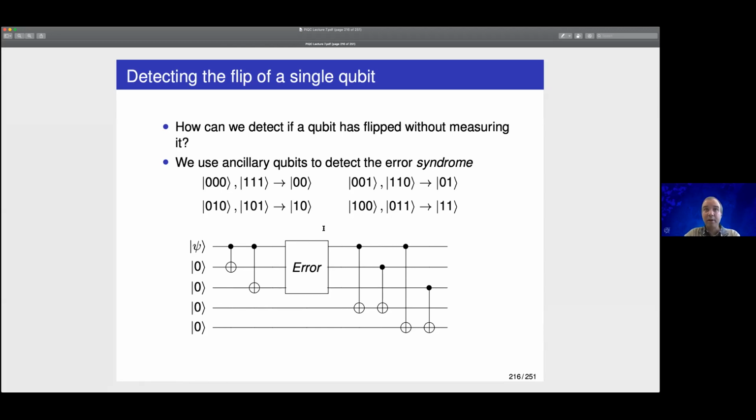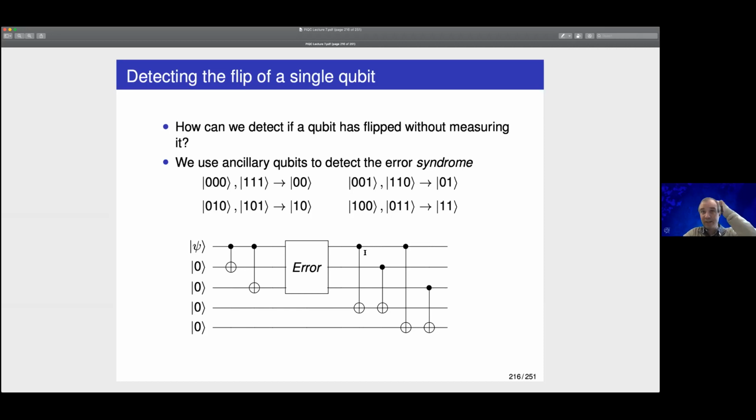So what we do here with, for instance, this first part of the circuit is to compare the first qubit and the second qubit. We use an auxiliary qubit in order to see whether these two qubits are equal or not. So what we do here is to flip this auxiliary qubit conditionally on the value of this first qubit, and we also flip it again conditionally on the value of the second qubit, okay?